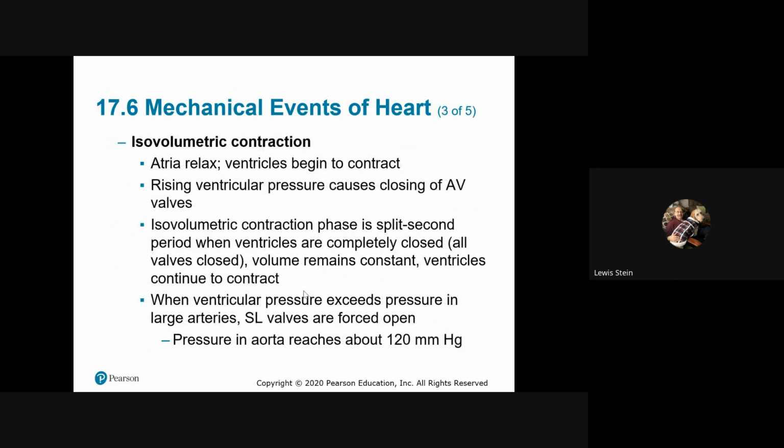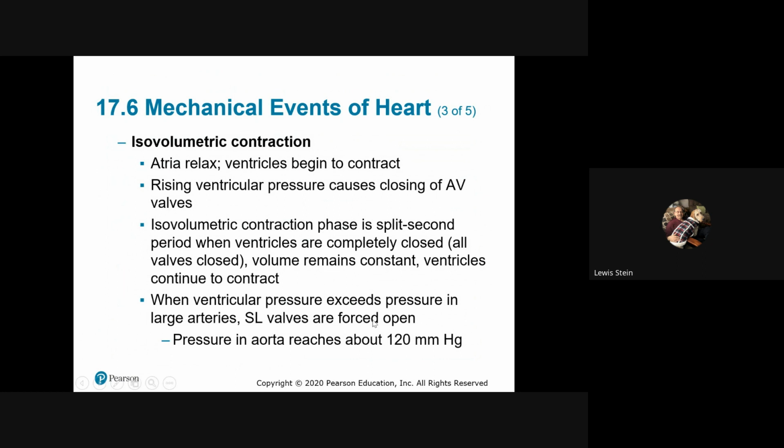Then as the ventricles begin to contract, the rising pressure will slam shut the AV valves, and if it starts to rise farther, it will open the semilunar valves to allow the blood to eject into the aorta and into the pulmonary trunk.